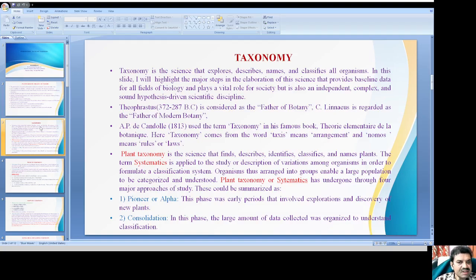So identification of the plant is very important in order to identify the particular plants which are used for particular purposes.